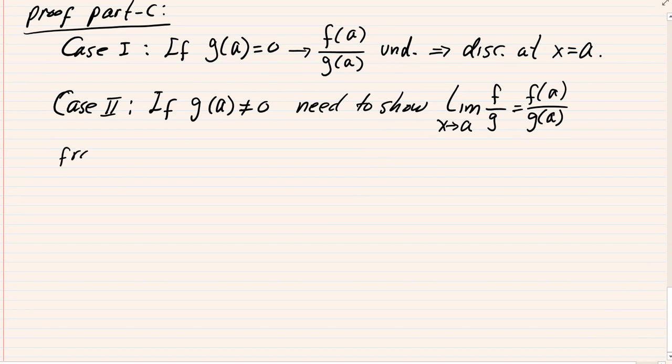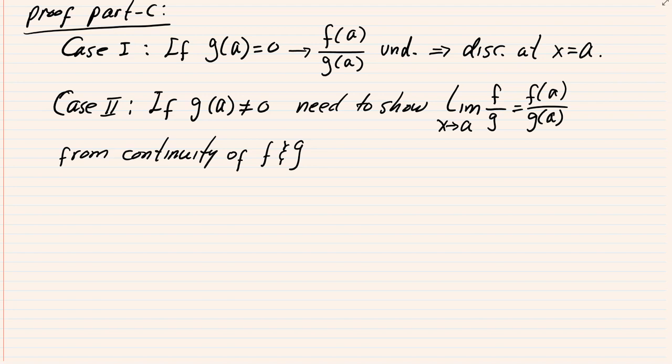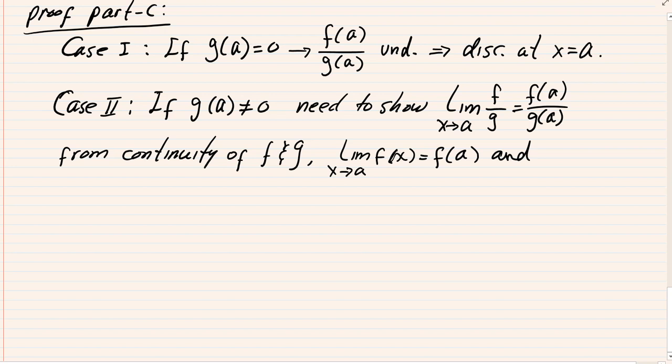From continuity of f and g, which we were told, assuming that f and g are continuous, that was the very first statement in the theorem, we deduce that the limit of f of x as x approaches a is equal to f at a, and the limit of g of x as x approaches a is g at a. That follows from continuity of the two functions.